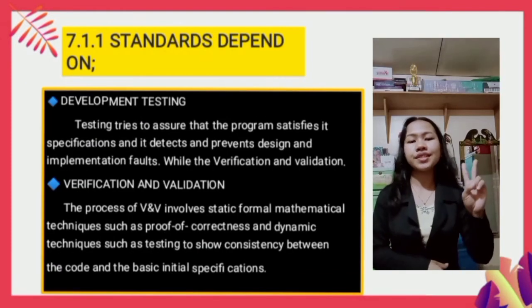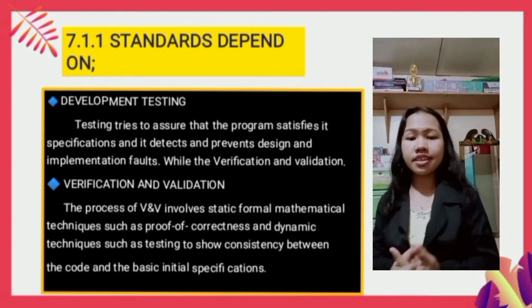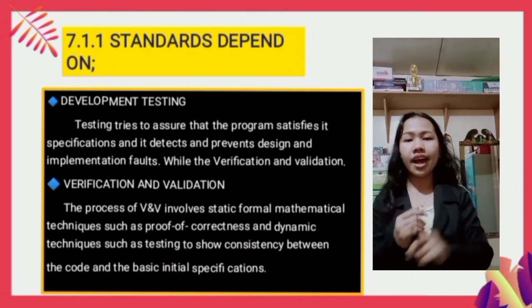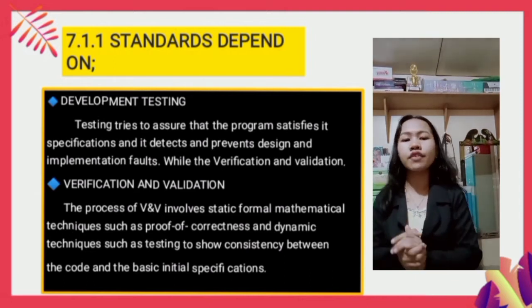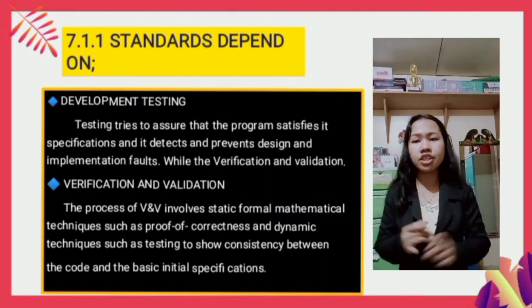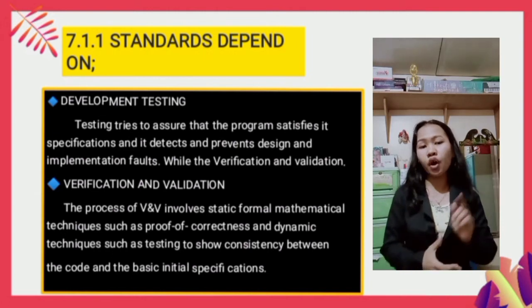We have two standards to depend on. First, development testing. Testing tries to assure that the program will satisfy its specifications, and it detects and prevents design and implementation faults.